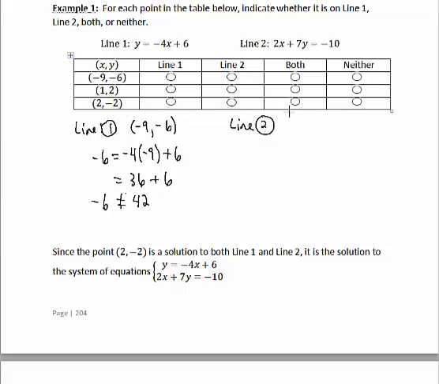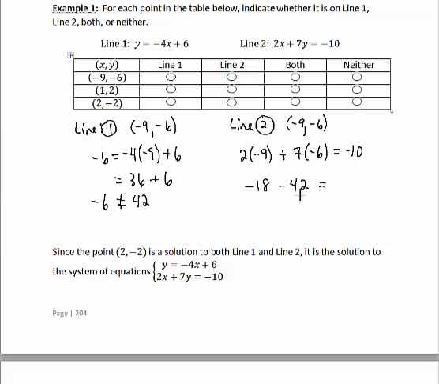We're going to do line 2 the same way, same ordered pair. And so we have 2 times x, which is -9, plus 7 times y, which is -6, equals -10. 2 times -9 is -18. 7 times -6 is -42.